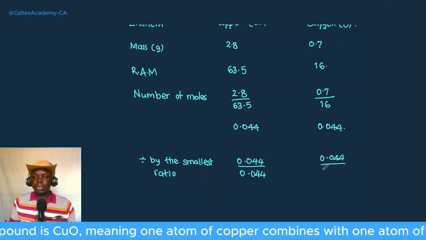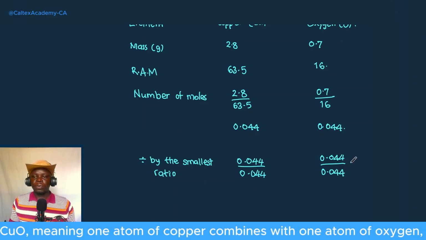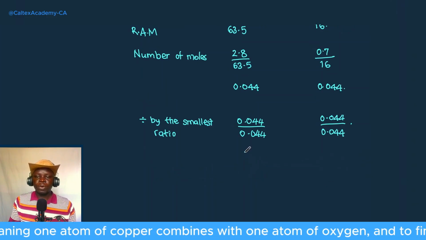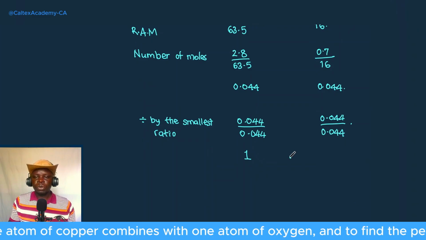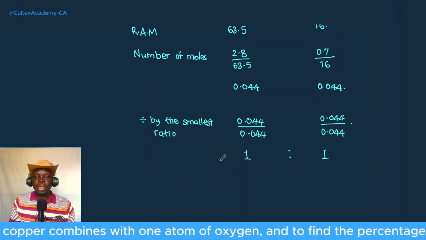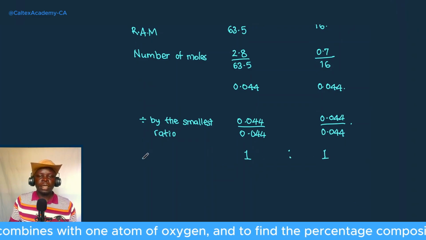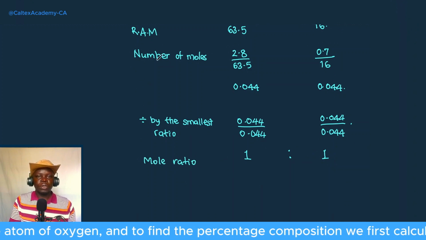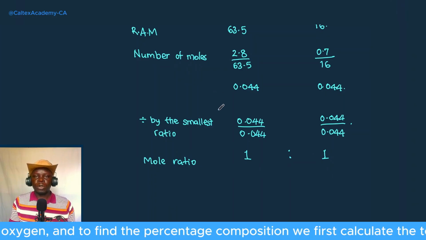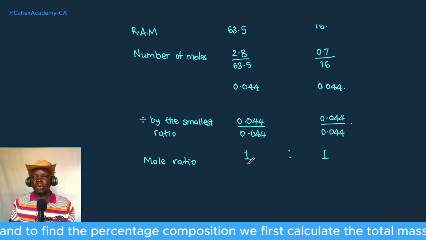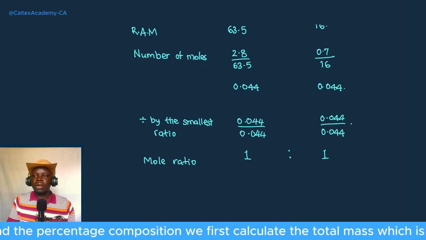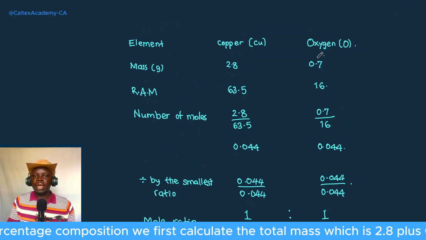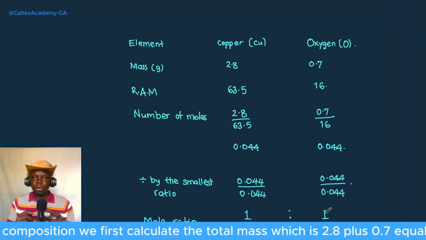We divide by 0.044, and therefore each one of them goes to 1 is to 1. So what I've written here is a ratio, so we can say mole ratio. Why do I call it mole ratio? Because it comes from the number of moles. So since it's 1 is to 1, we can go on and take a look at the elements we have listed up here. So we bring them together to form a compound.